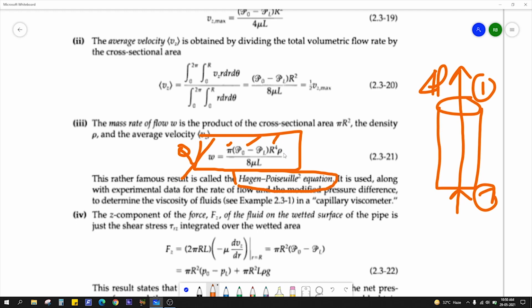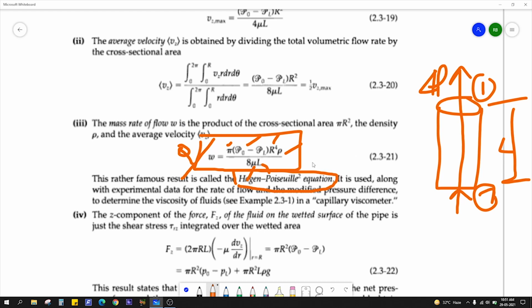Then the radius of the pipe, the density, the viscosity of the fluid, and the length of the cylinder. These quantities are related in the famous Hagen-Poiseuille equation.